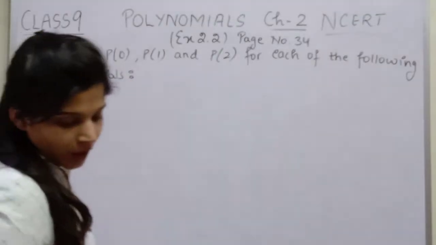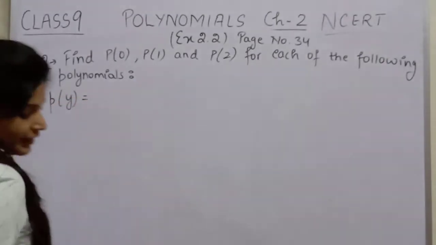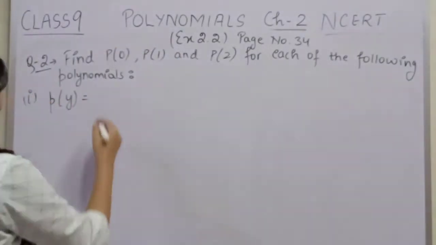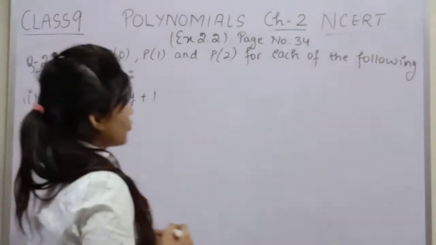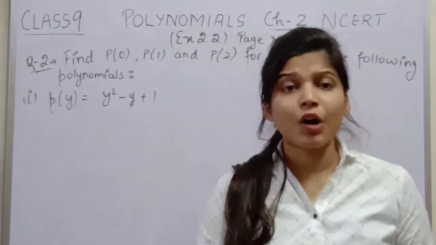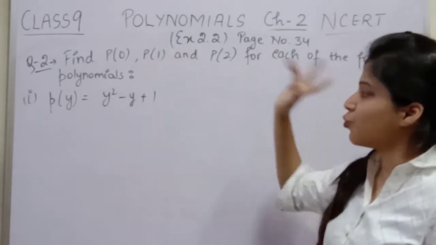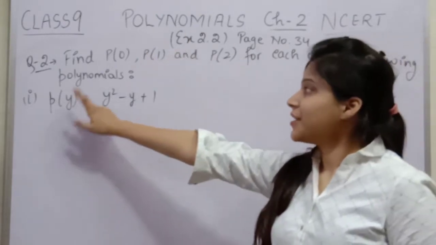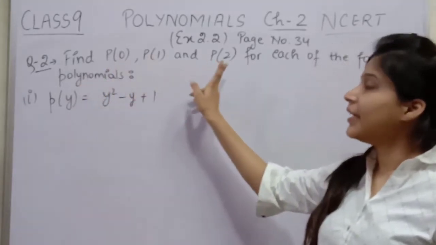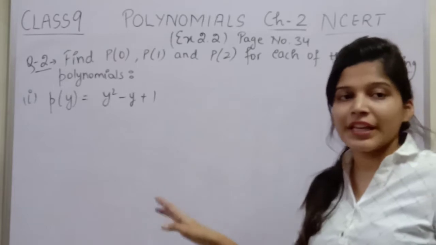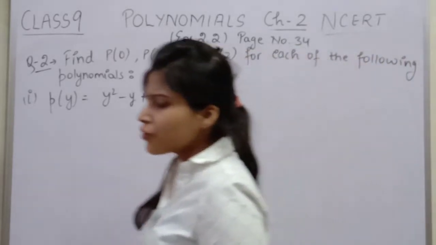Our first part is P(y) equals y square minus y plus 1. So this is a polynomial and now we have to find P0, P1 and P2, which means that first we have to put the value of y as 0, then 1, then 2. It's a very easy question, just a little calculation will be needed. So let's start.